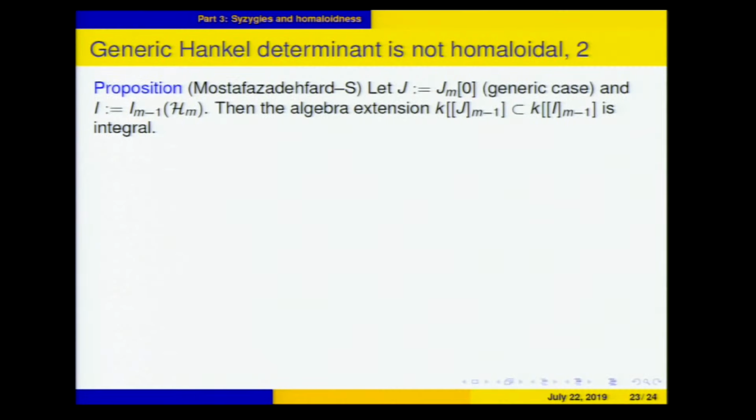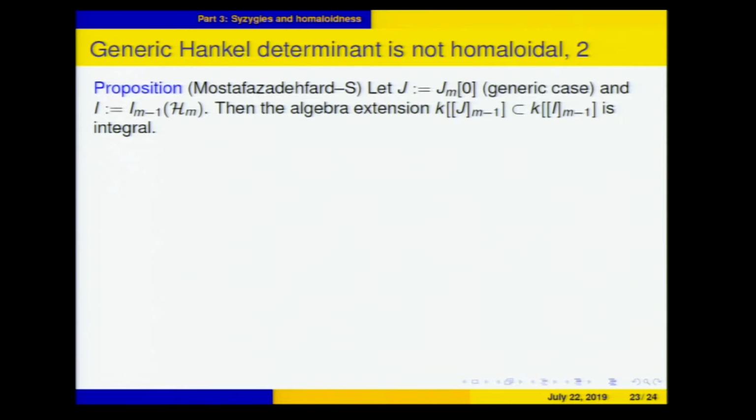Okay, so here is a proposition that has been proved before with Maral, that if you are in the generic case, remember, if R equals 0, the generic case, then for that algebra that we looked at, the degree of the respective field extension, at the level of the algebra, this is integral.